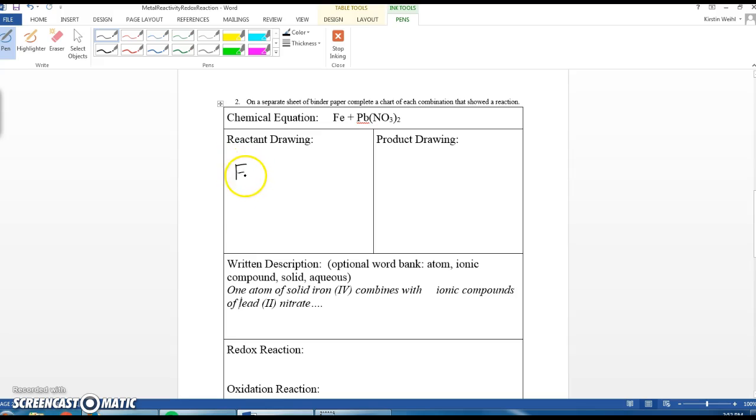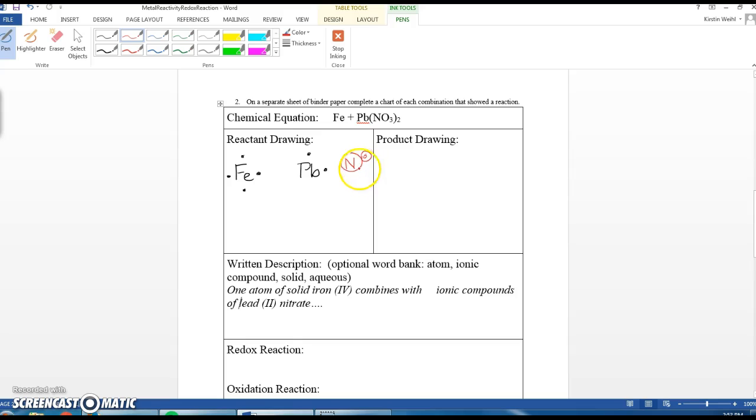So we have iron. It tells me down here that we have iron 4, so I know that iron 4 has 4 electrons. And then we have lead, which is called lead 2 nitrate, so I know that it had 2 electrons. And then we also have nitrate, and it looks like we have 2 sets of nitrate.